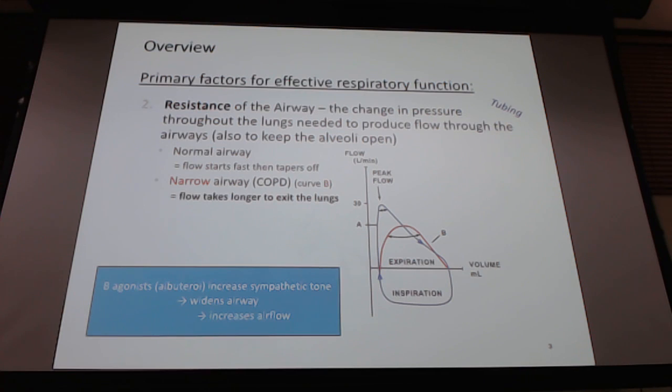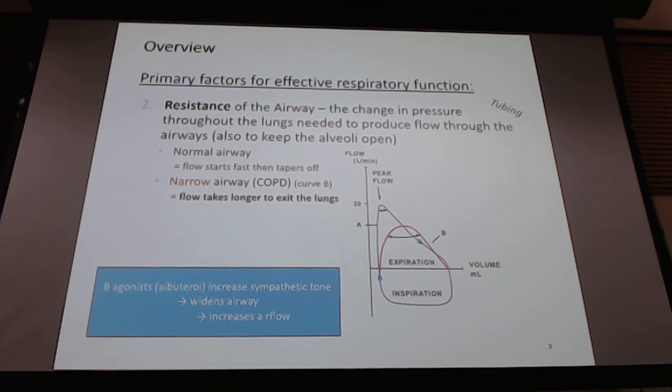So normal airway. If you look at this curve here, here's when you're breathing in, and then in the first few seconds of exhalation, you're blowing out a majority of the air, and then it starts to taper off. So the volume here, that's the total amount of air moved in and out of your lungs.